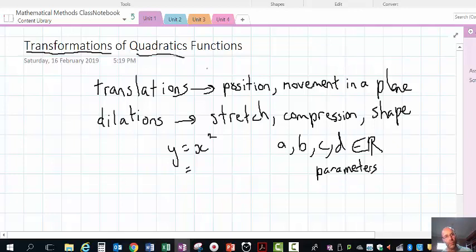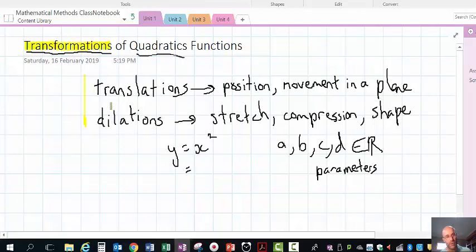So again, this is very important, not just for quadratics, but later on when you do other things like trigonometric, exponential, logarithmic, and other types of polynomials. There's many different sorts of things where we look at transformations. So very important.